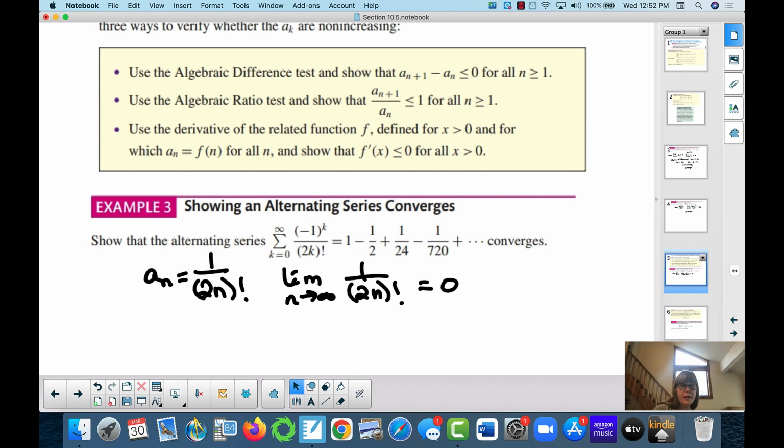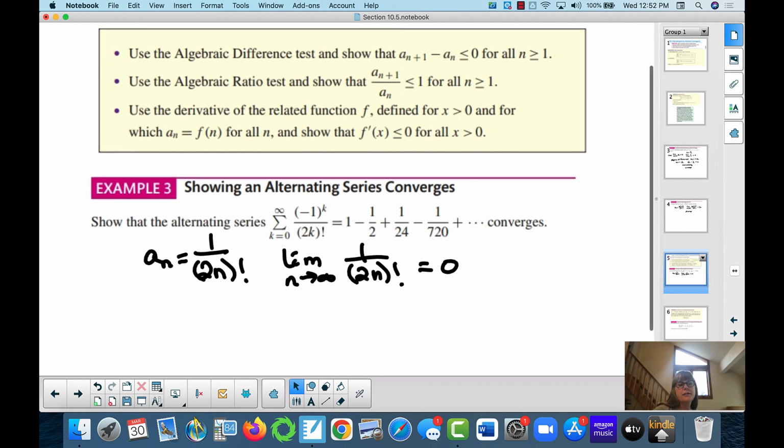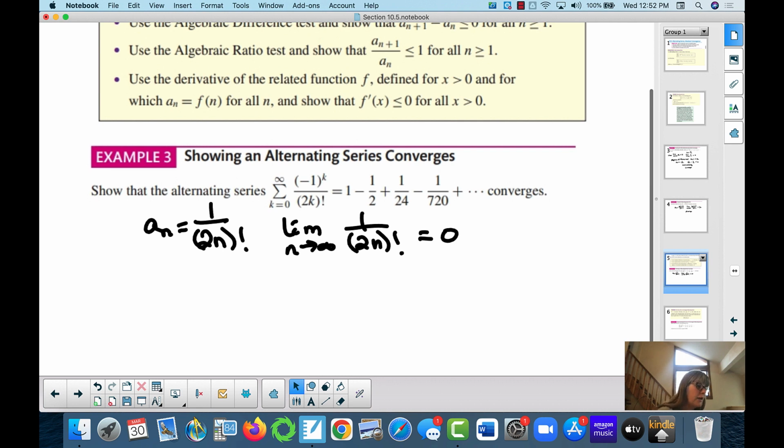So it's an alternating series because of this -1 to the k. It meets this condition of the alternating series test, so now we need to check the non-decreasing condition. So in the ratio test, we're going to take 1 over 2 times n plus 1 factorial.